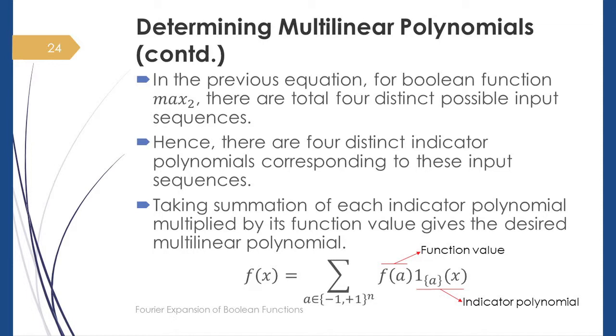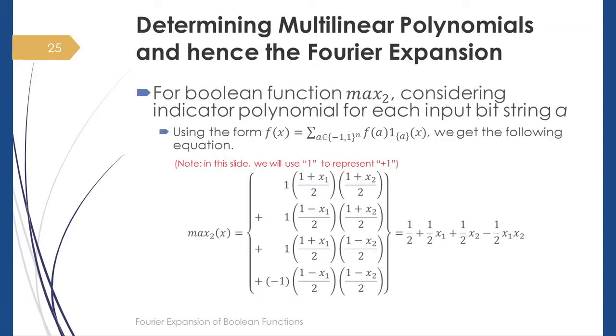And again, not to forget our overall goal, it is really to write down the function f of x as the sum of f of a, the particular function value with input a, which is one of the 2 to the n input strings, times its indicator polynomial value, in our notation 1 sub a of x. So, returning to and repeating that example again, now you see that you can write down using this form, since you have 2 input bits, you do not have n input bits.